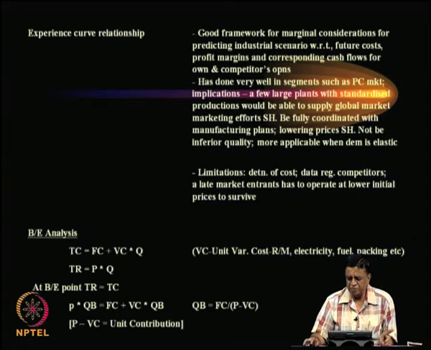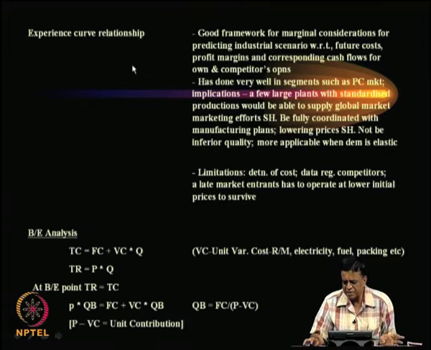It can be a good framework for marginal considerations for predicting the industrial scenario with respect to future costs, profit margins and corresponding cash flows for own and competitors' operations. It has done very well in segments such as PC units. What are the implications in such a PC market? What are the implications of this?